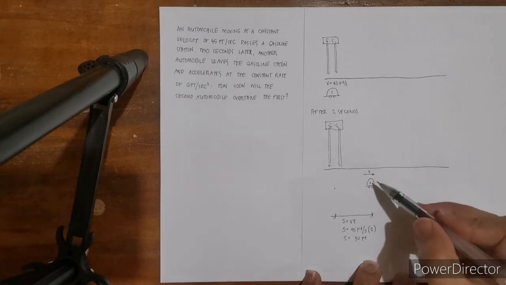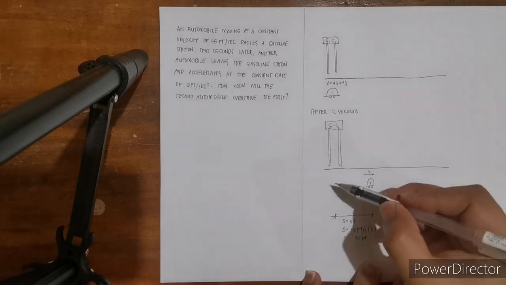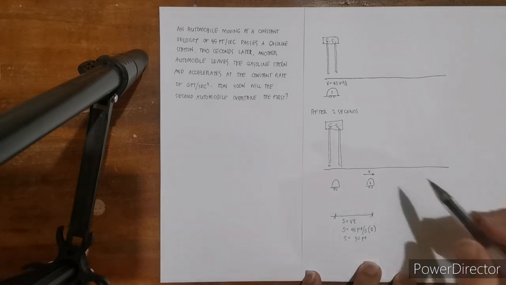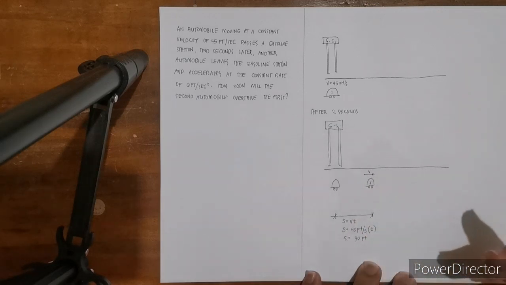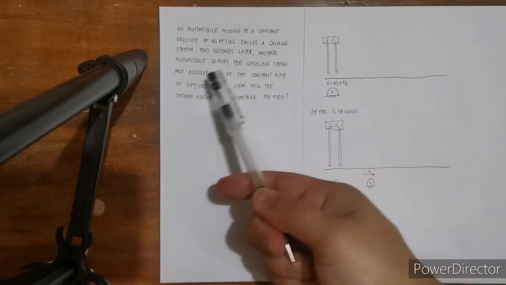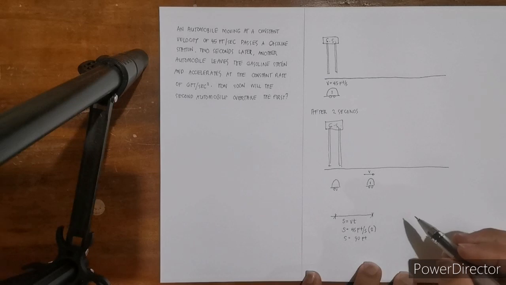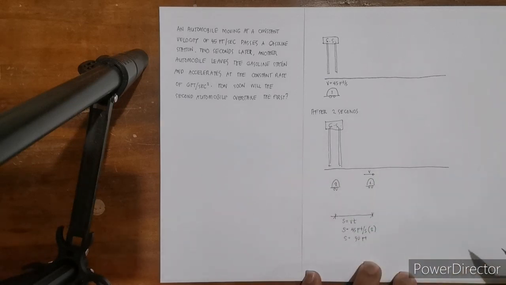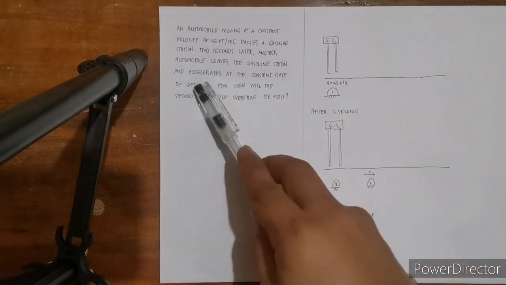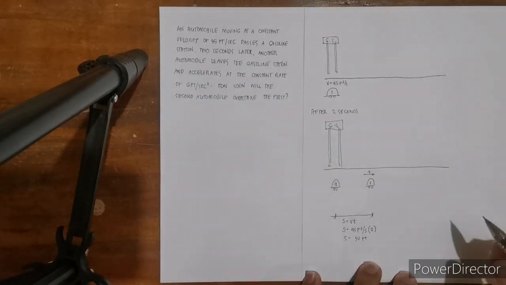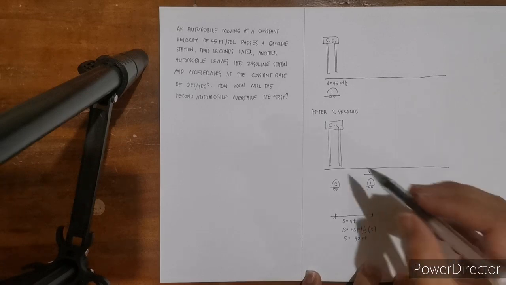And then, right at this point, nandyan na si car 2. And car 2 leaves the gasoline station. We have another second automobile that is after 2 seconds. So this is car 2. And then, it will move at a constant rate of 6 feet per second square.